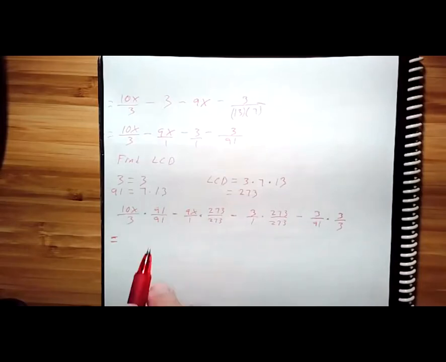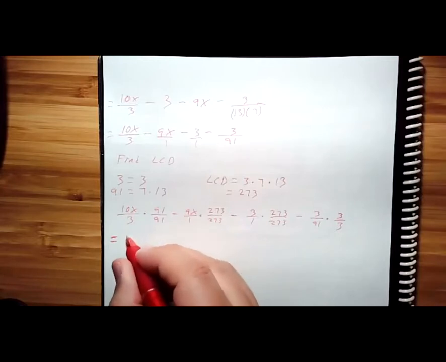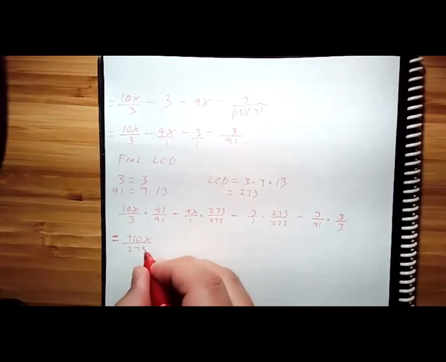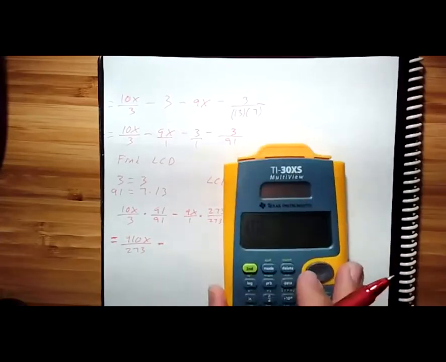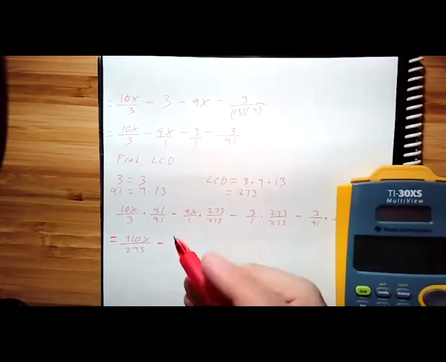Okay, so 91 times 10, let's multiply straight across. That's going to be 910x over 273 minus 9 times 273. I don't know what that is. Let's see. $24.57.